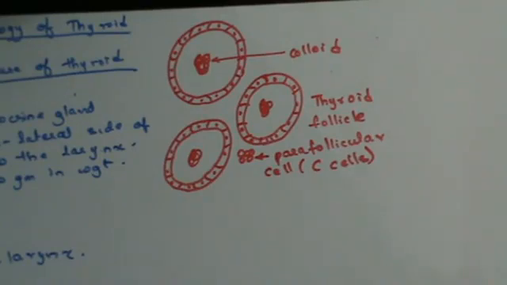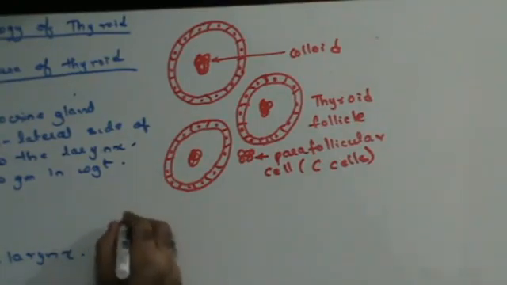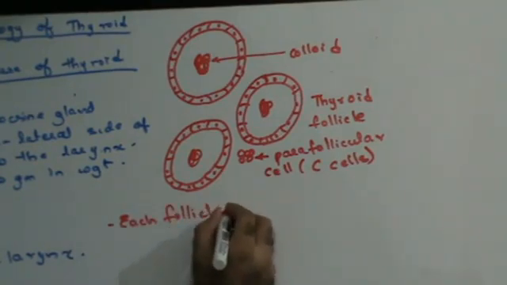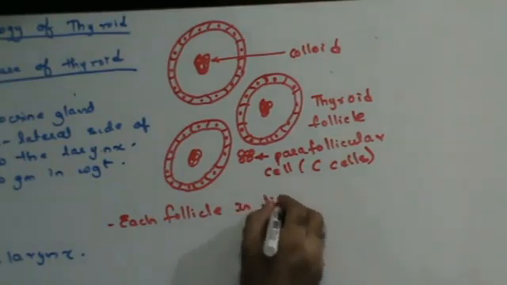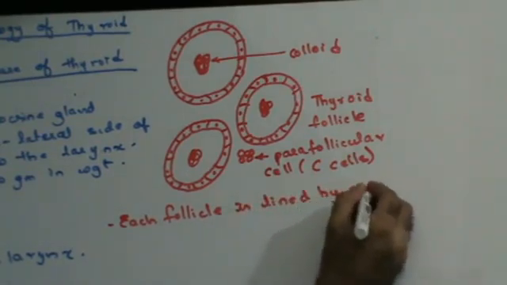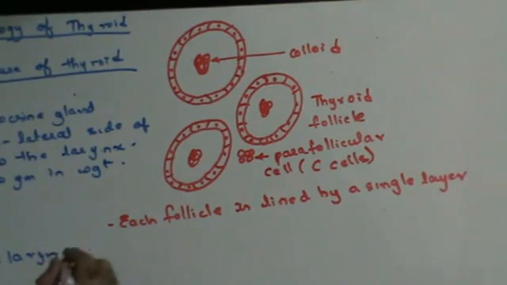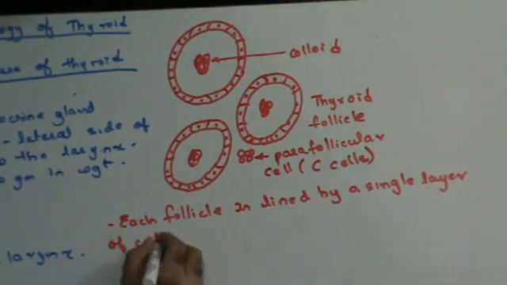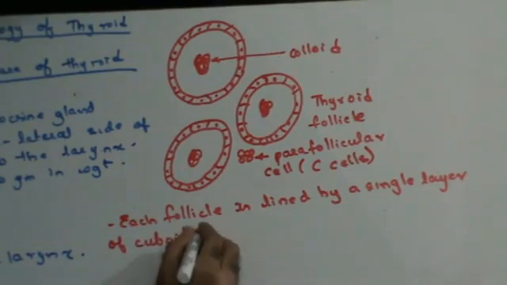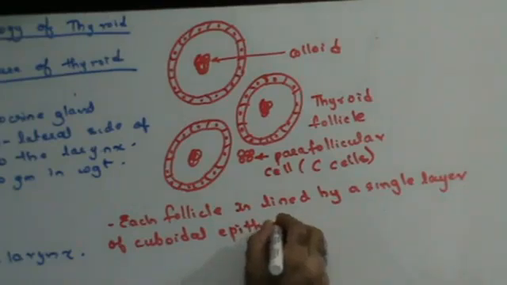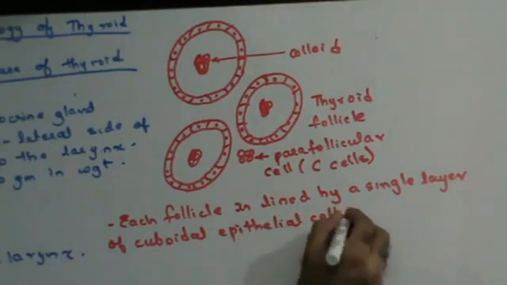Now let's see this. As I told you, follicles are the functional unit of thyroid gland. Each follicle is lined by a single layer of cuboidal epithelial cells.